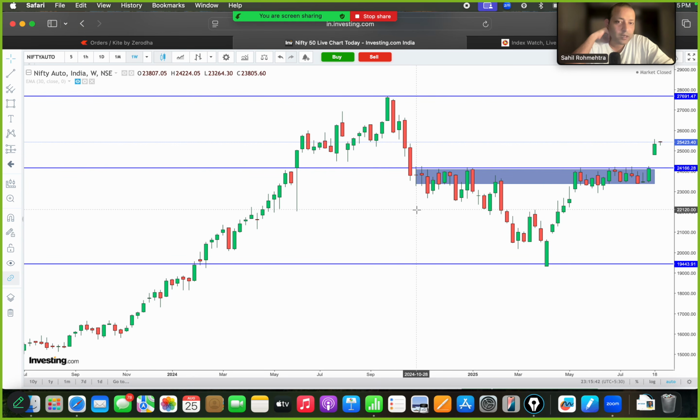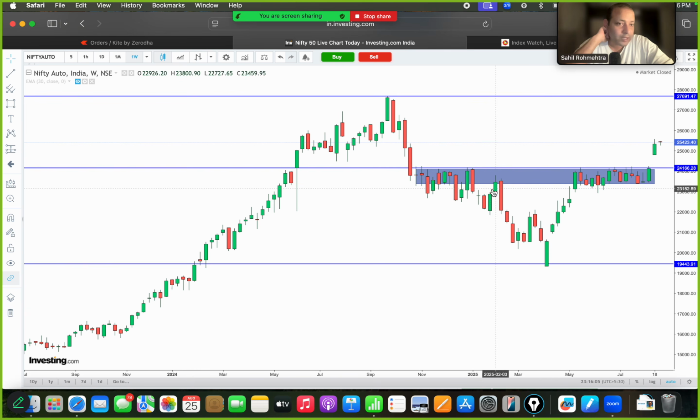It has been a resistance in play right since October 24, and we are now in August, or let's say September 25. So pretty much 10 to 12 months has elapsed, and only after a full year could the market break this resistance.